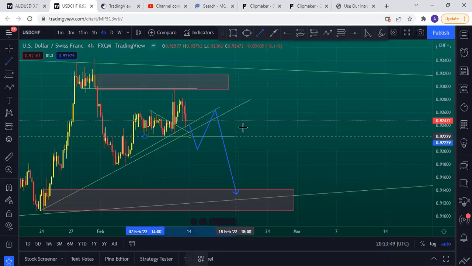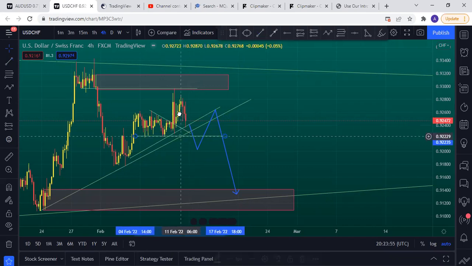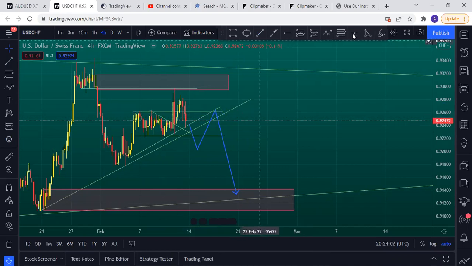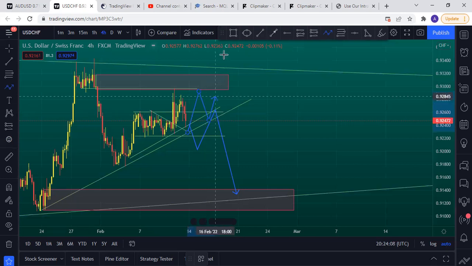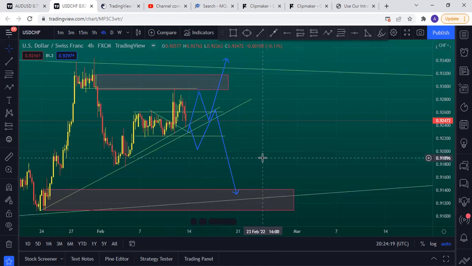We have all of this equal lows here. We have equal highs here. So another alternative would be that price comes back, breaks above this, and then we see that. So those are the two options on USDCHF right now.